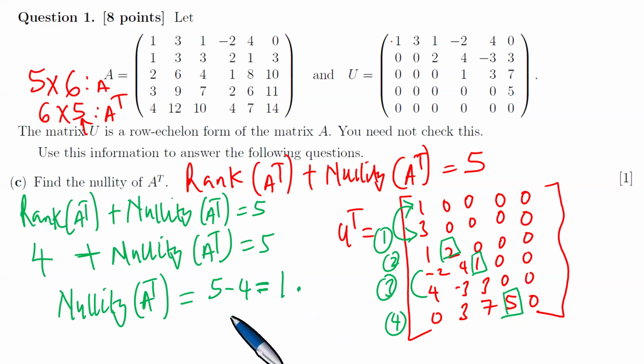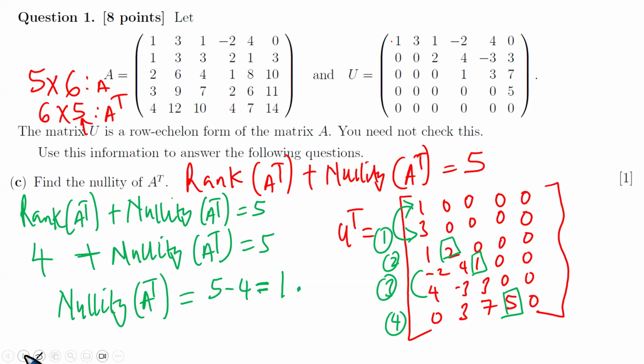So the nullity of A transpose equals exactly 1. Okay, so that's certainly correct. We have discussed that. The theorem we used here is: rank plus nullity of a given matrix equals the number of columns of the given matrix. Okay, we're good.